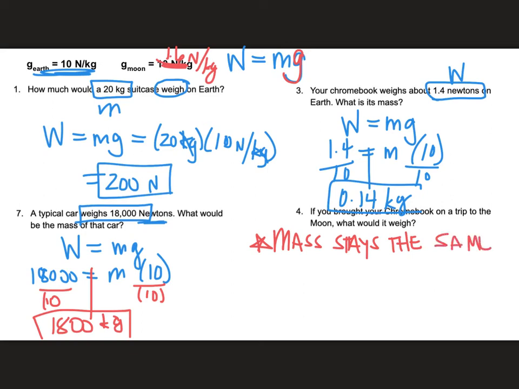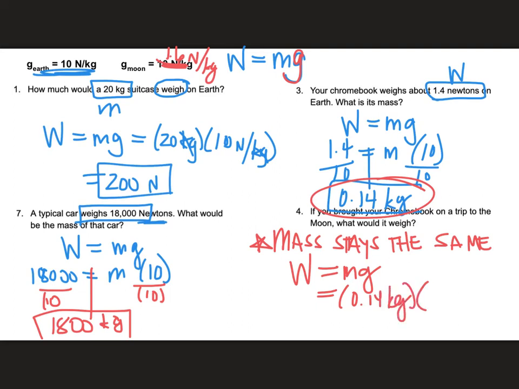So I'm going to use this number that I just found here, this 0.14, to answer this question. What would it weigh? What would W be? I'm going to use the 0.14 kilograms. And then I'm going to multiply now by the g on the moon, because I'm taking my Chromebook to the moon.